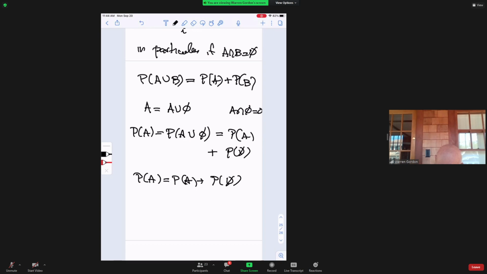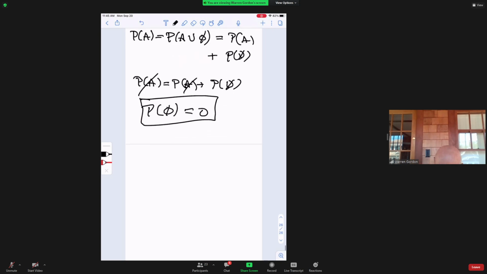If I subtract, these cancel. So I've just proven the probability of the empty set is 0. By the way, sometimes this is called, for a discrete set, the impossible event.